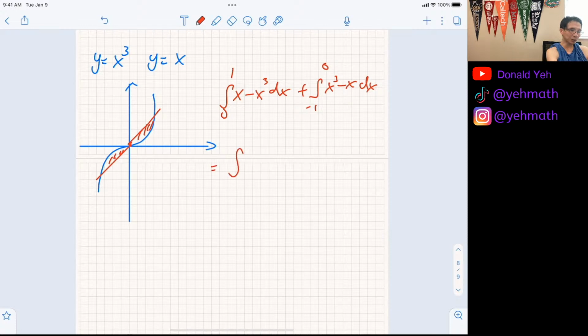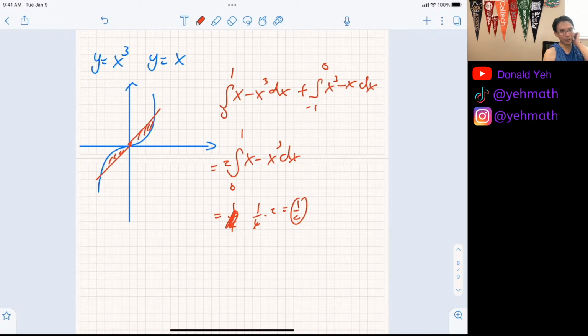Then you can do 2 times the integral from 0 to 1 of x minus x cubed dx. That was much easier. Eventually you're going to get 1/4 times 2, so that's equal to 1/2.